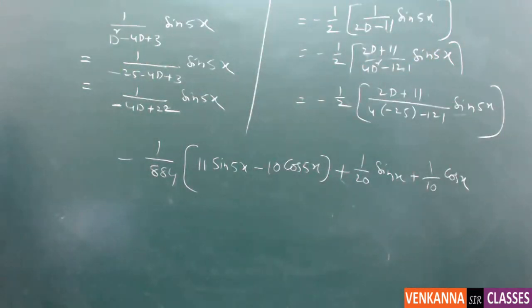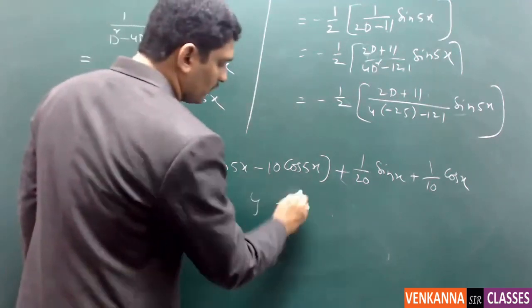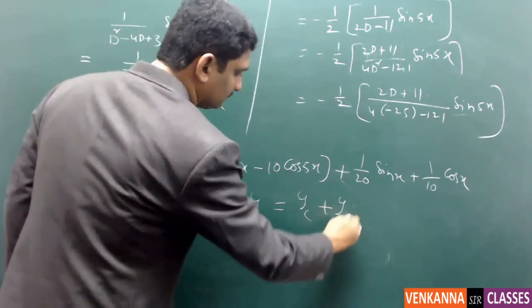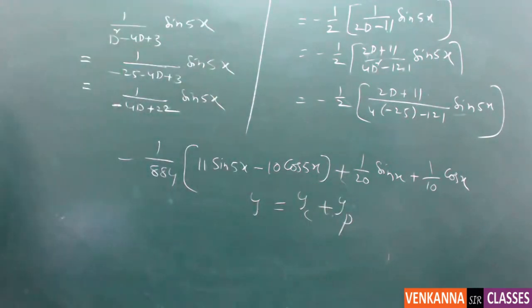Please check. After evaluating the two things, the general solution is given by y is equal to yc plus yp. You can simplify that later.